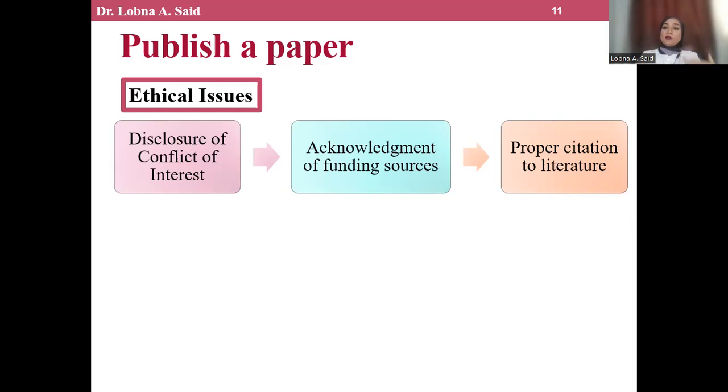If you take a grant for your research, you have to properly say this research belonged to this grant, with number X and funder Y, who supported this research. So this is part of the ethical issues we have to deal with.